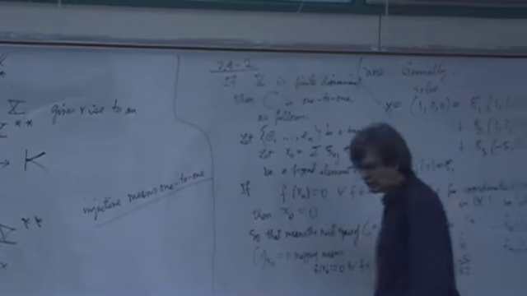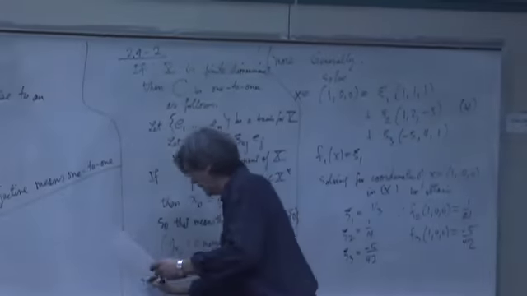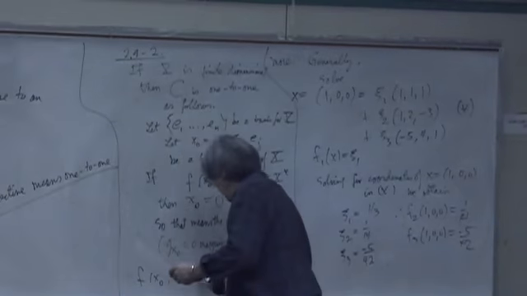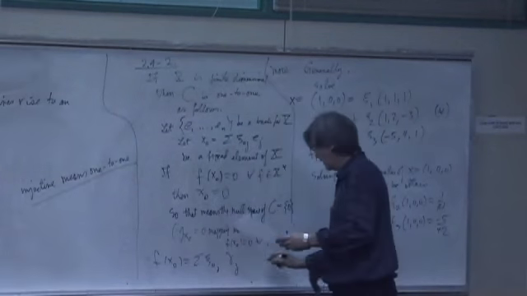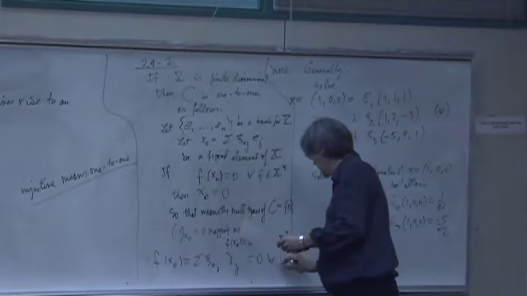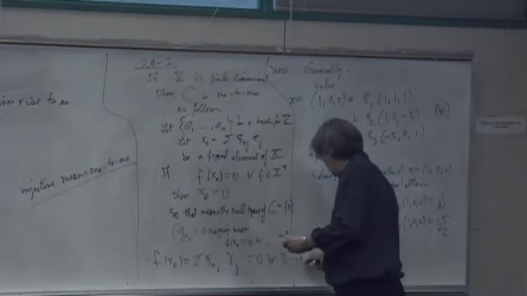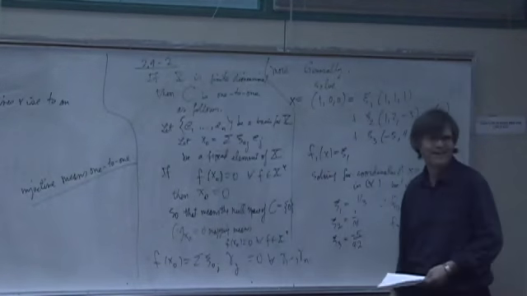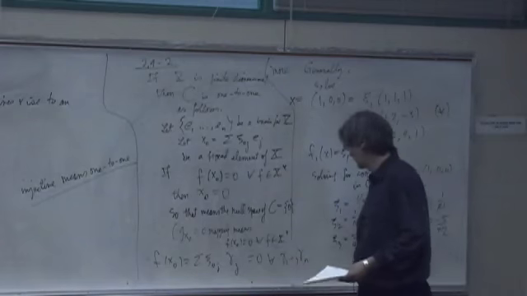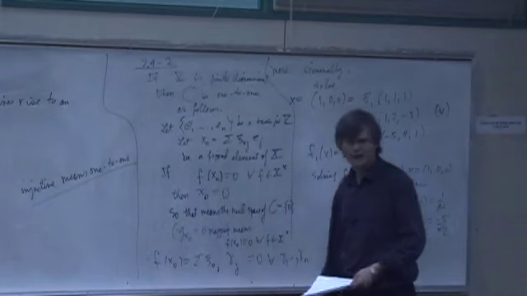So how do I show that x0 must be 0, then, in that case? Well, it's trivial. f of x0 equals summation c0j gamma j equals 0 for every gamma 1 through gamma n, because it was true for every functional, and gamma 1 through gamma n give you every functional. So in particular it's true when gamma 1 is equal to 1 and all the other gammas are equal to 0.